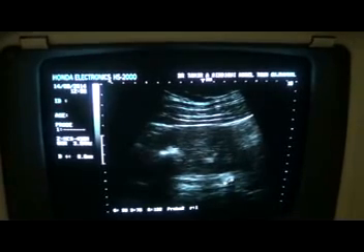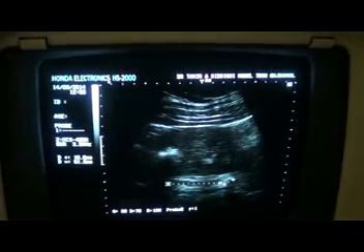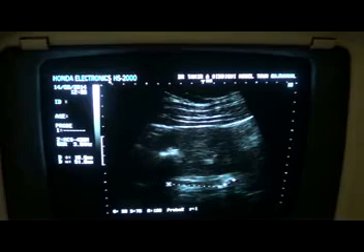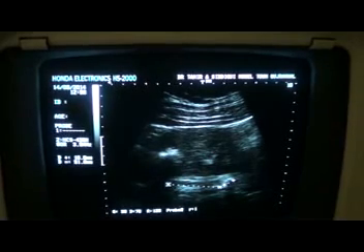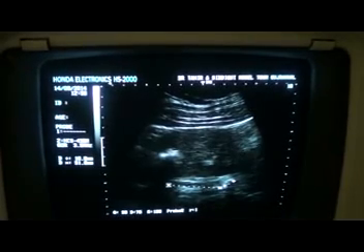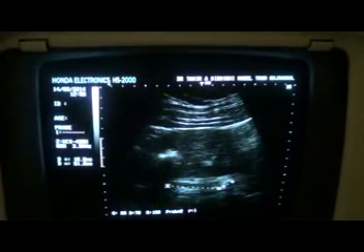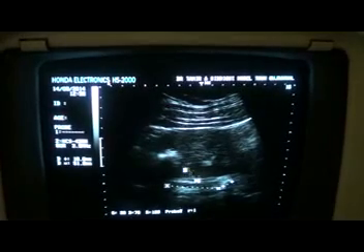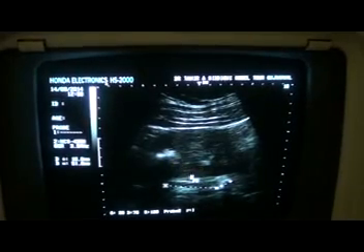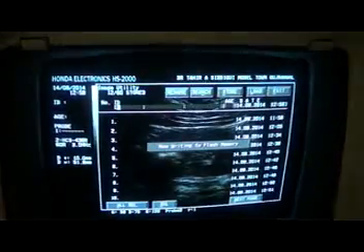This is the calculus in the proximal ureter, approximately 5.1 centimeters from the region of the pelvis, and the calculus measures 10 millimeters, within the non-dilated proximal ureter. Now this tube-like structure is the proximal ureter, and these are the same calculi I have shown you initially. So there is a calculus in the non-dilated proximal ureter as well.